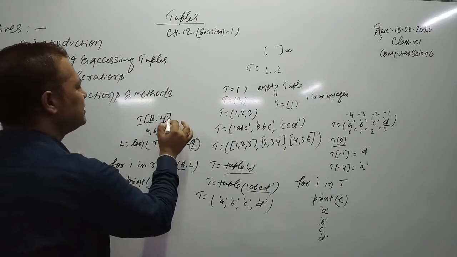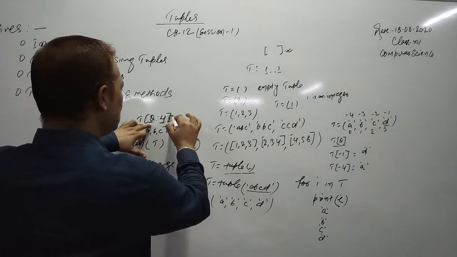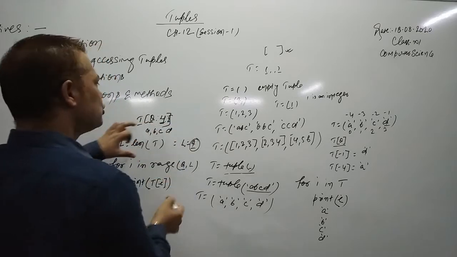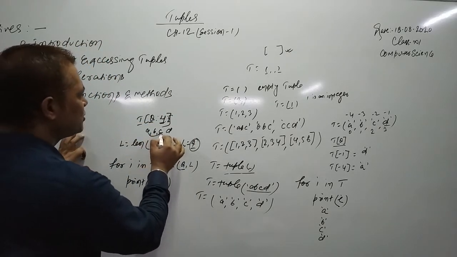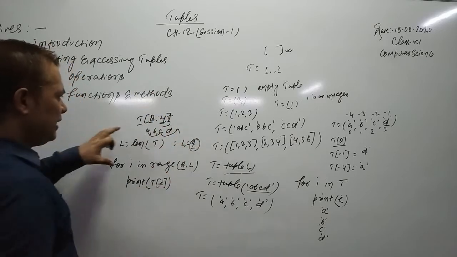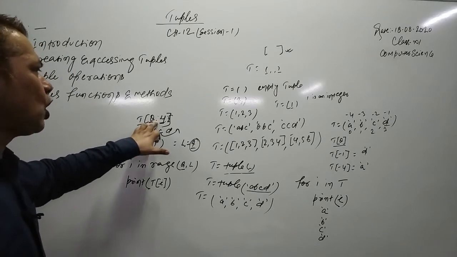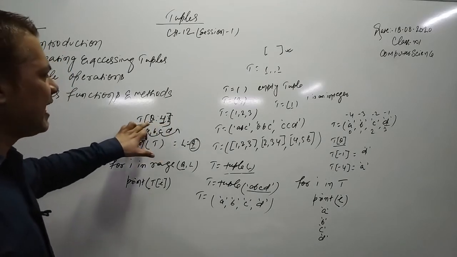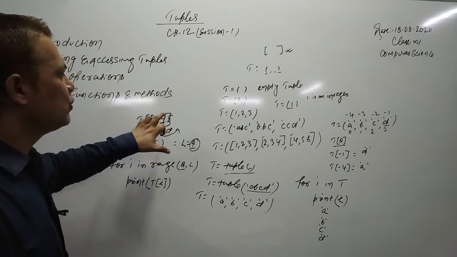If you mention the 2, then it will start from 0, jumping by 2, and go till 3. So 0 plus 2 means it will go here, and then again 2 plus 2, 4. In 4 there is no element, so it will give you A and C only. Since I have mentioned 3 parameters in the slice, 0 colon 4 colon 2, this is the starting, this is the ending and this is the increment.